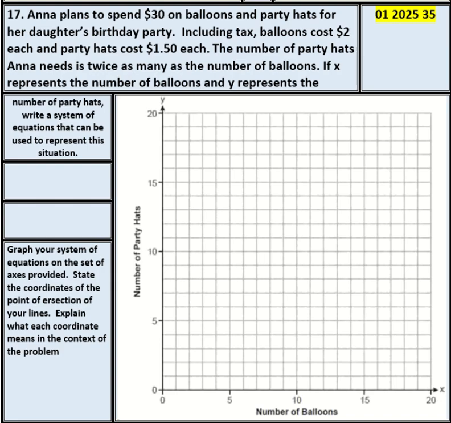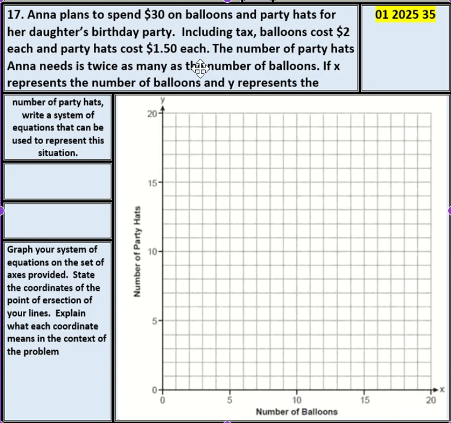So the first thing I want to tackle is the number of party hats Anna needs is twice as many as the number of balloons. So here, let's use our number sense for a second. Which one do we need more of? Hats or balloons? If you read the question appropriately, you should recognize you need more hats than balloons.